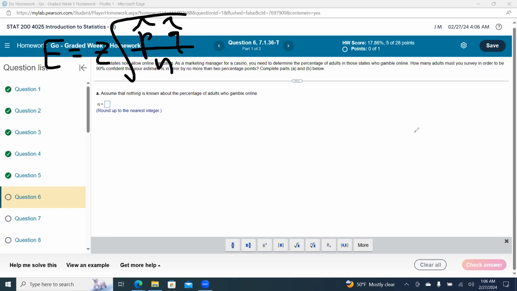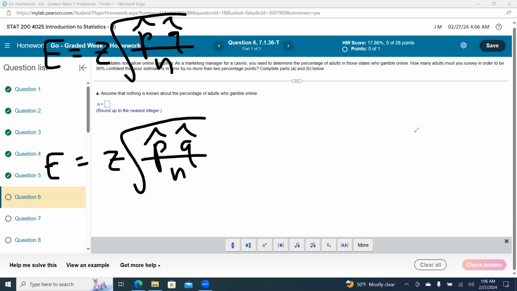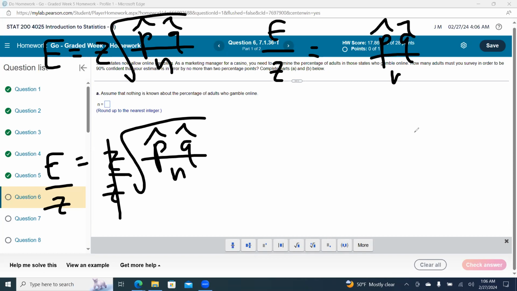All we're doing here is solving this for n, algebraically. People oftentimes get confused and angry about the algebra because there's always going to be more than one way to write it. But we do have E over Z equals that. This is just a quick derivation that we can definitely skip.